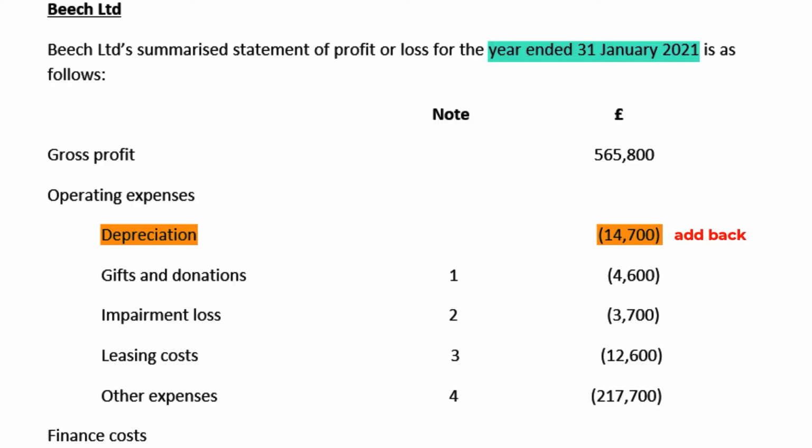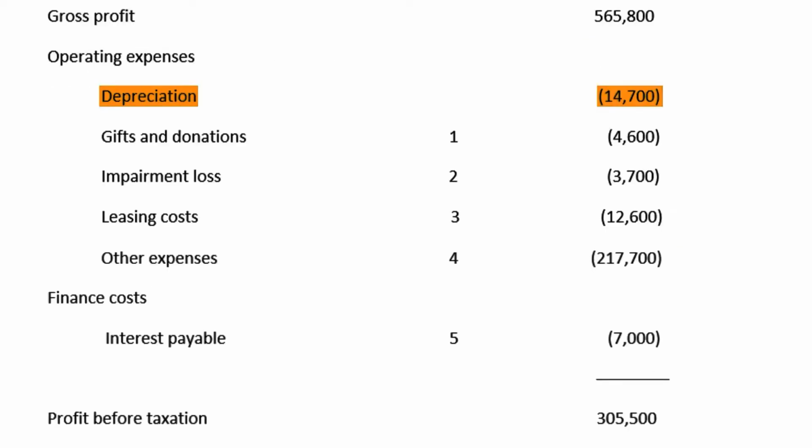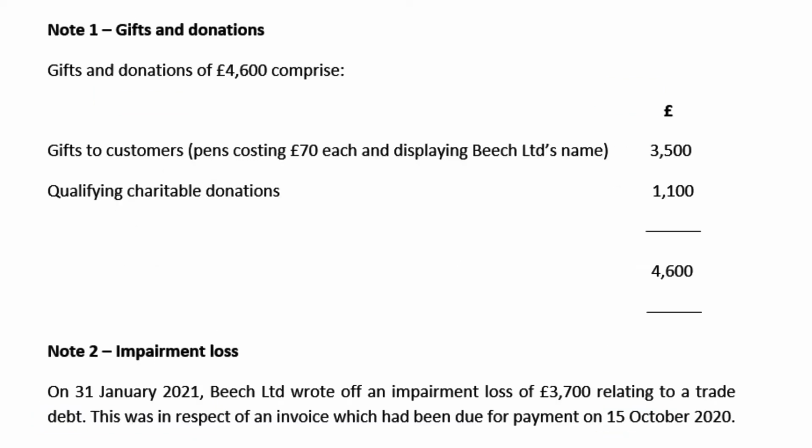Gifts and donations 4,600, impairment loss, leasing costs and other expenses, all having notes. And then we have finance costs, interest payable with note 5, profit before taxation of 305,500. As I say, try having the question in front of you, because when we're doing the workings and looking at the answer, it'll be good to have that in front of you as well.